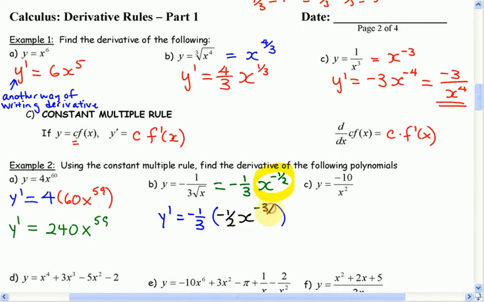Yes, negative 3 over 2. Good. Okay, remember, you're reducing the exponent by 1. So negative half minus 1 is negative 3/2. And then this becomes 1/6 x to the negative 3 over 2. Done. Okay? I'll help you with C, and then we'll take a look at D, E, and F.